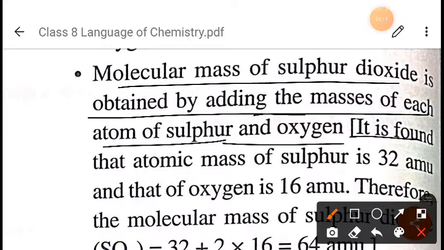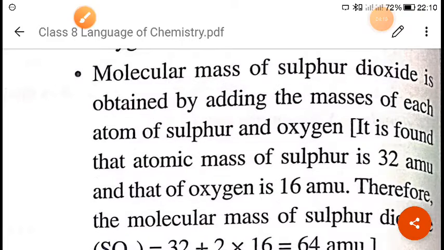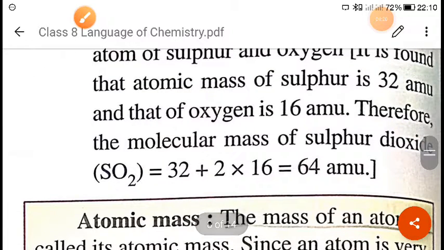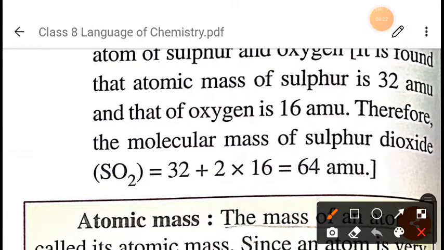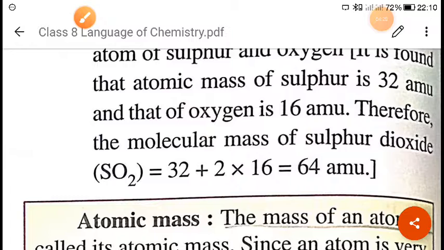Therefore the molecular mass of SO2 is 32 plus 2 into 16, which is 64 AMU, where AMU means atomic mass unit.